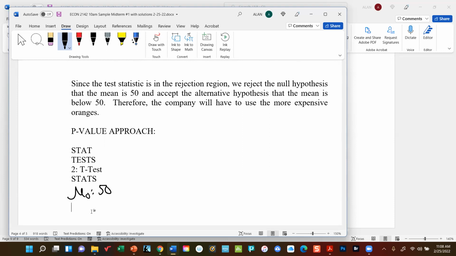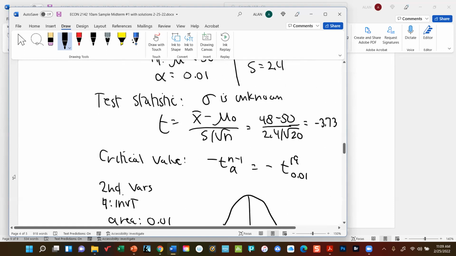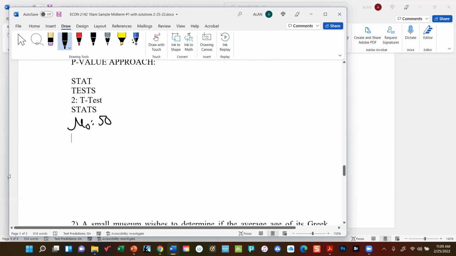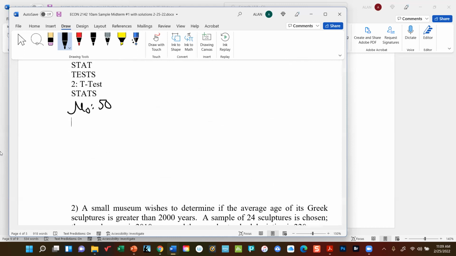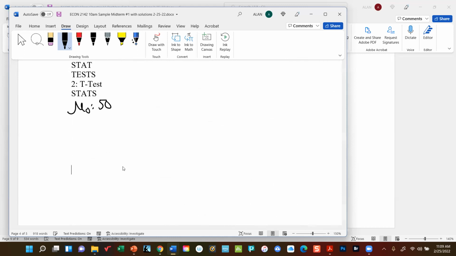X bar is 48. Then it needs Sx, the standard deviation, which was 2.4, and it needs n, which is 20.